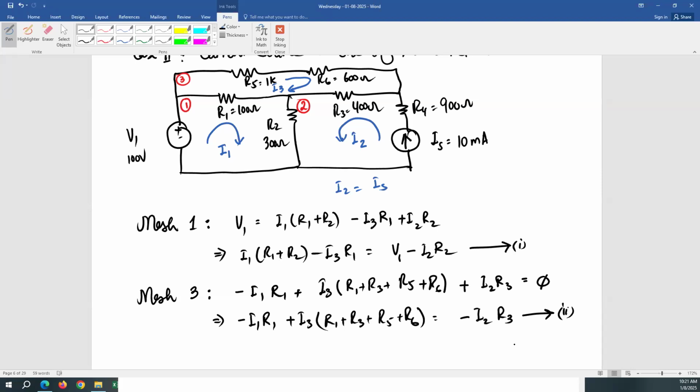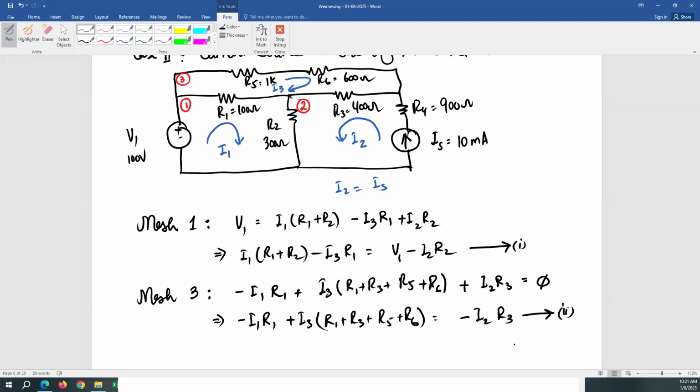And be very careful when you're writing the equation and you have multiple resistors in different loops. You have to consider each resistor in the equation. Looks good? Okay.